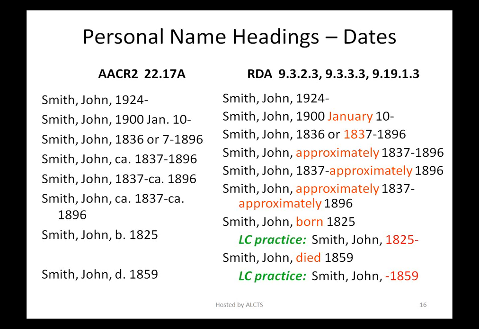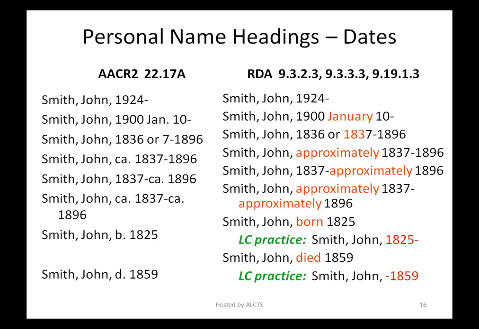You can see that circa in Latin becomes approximately. And you can see that the b. and the d. from AACR2 become either you could spell out the word born or spell out the word died, but LC practice during the test was to use a hyphen either after a date or before a date to indicate that a person had died.